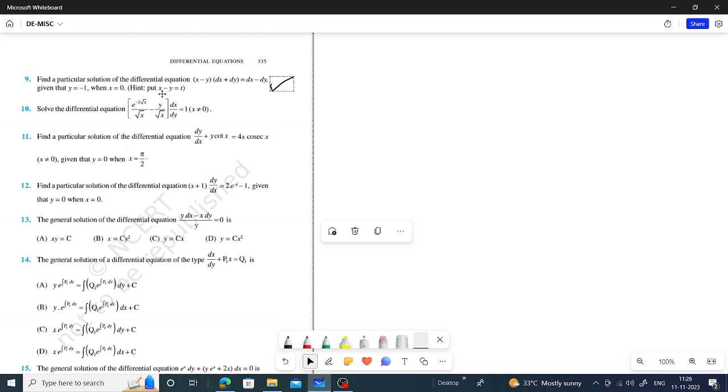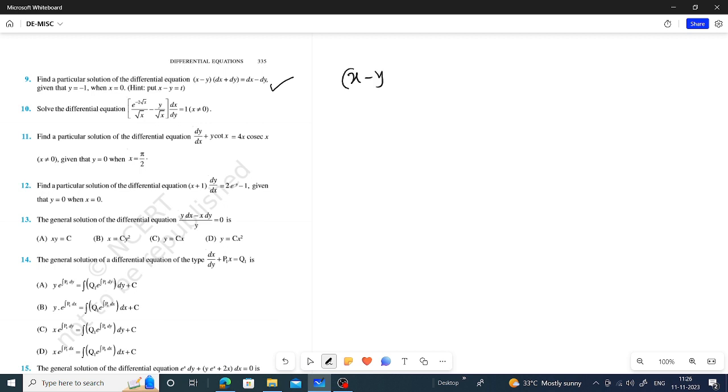So let us see how it can be rewritten or modified, or can it be written in our standard type. (x minus y) dx plus (x minus y) dy equal to dx minus dy.